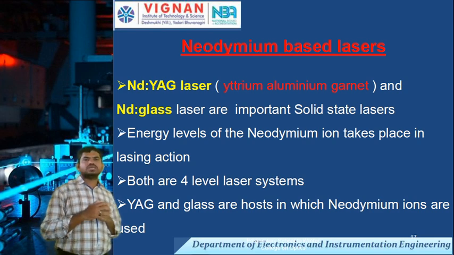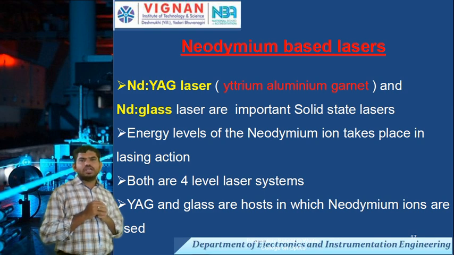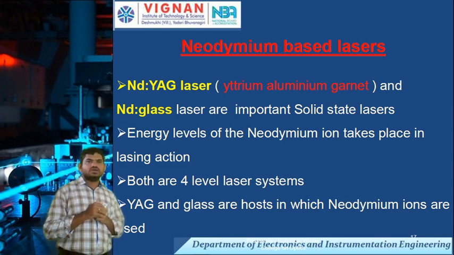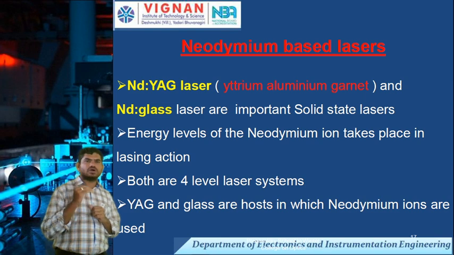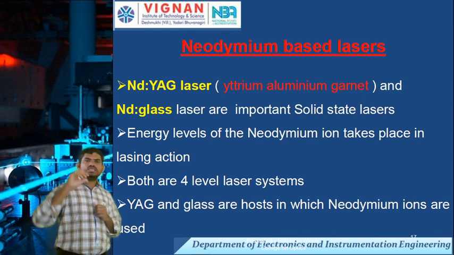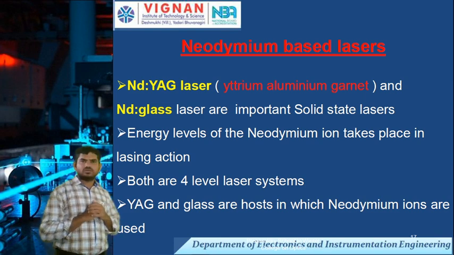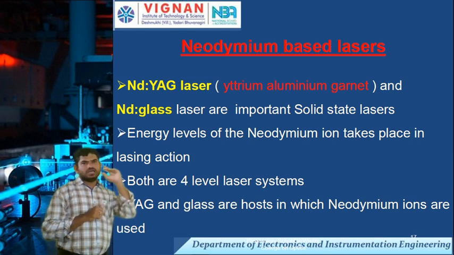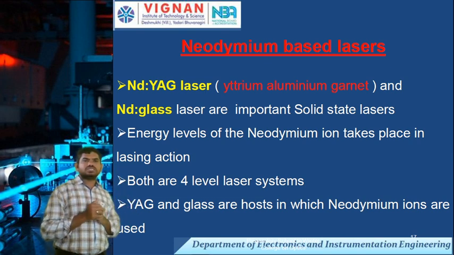Now we are using this yttrium aluminum garnet mixture. What is yttrium aluminum garnet? YAG is a type of crystal. Why are we using this YAG?